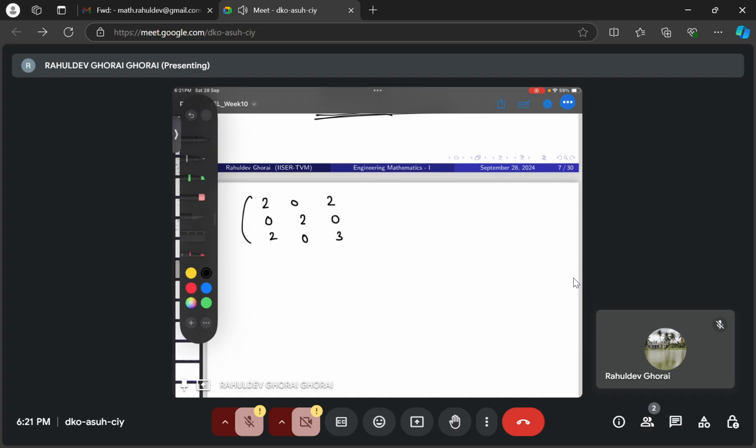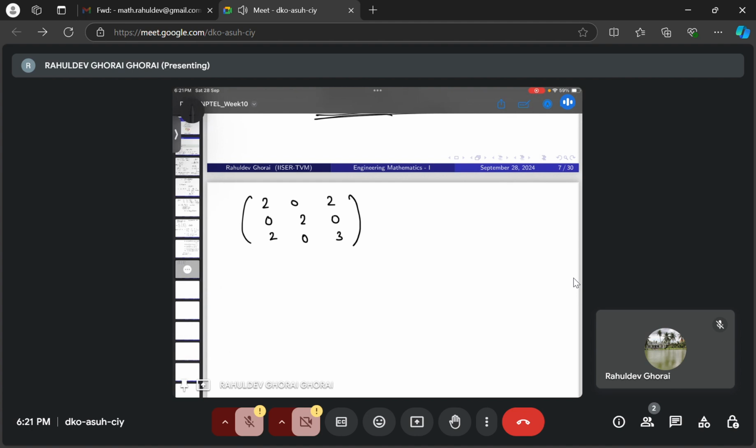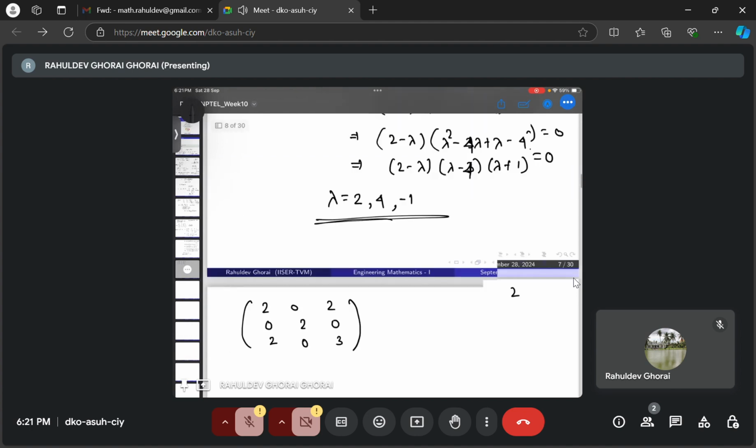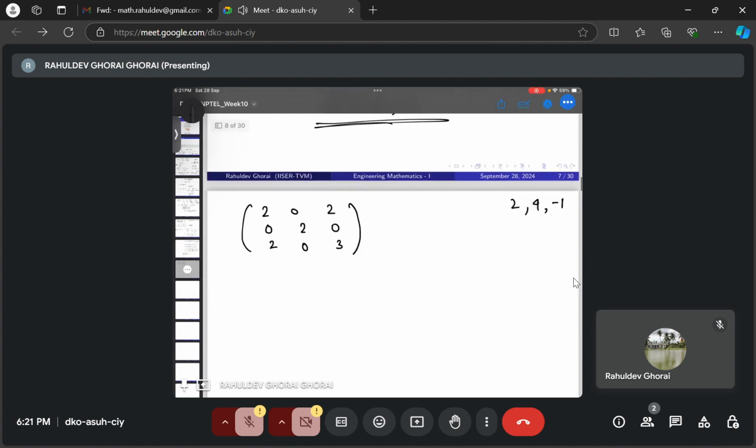The eigenvalues are 2, 0, 3 and the eigenvectors you got are 2, 4 and minus 1. We have already discussed that corresponding to each eigenvalue, we will get at least one eigenvector.